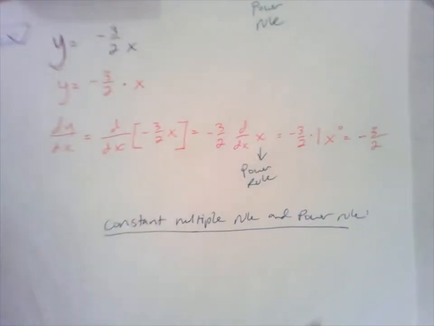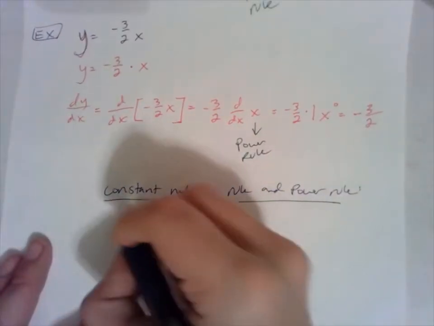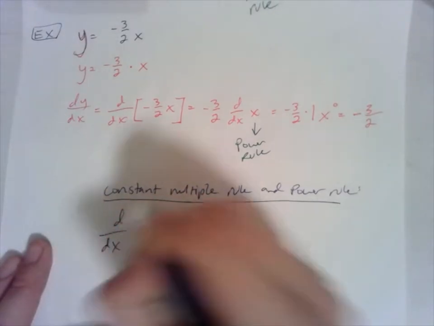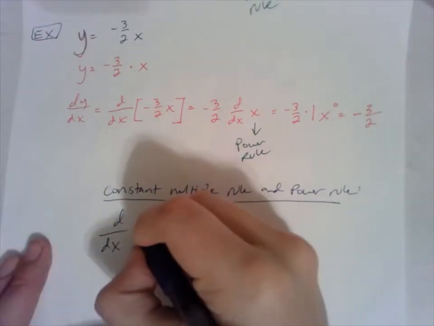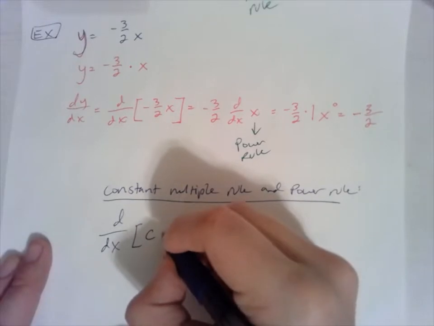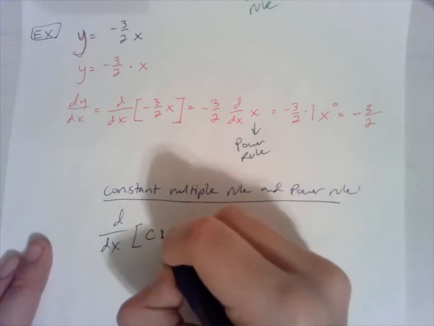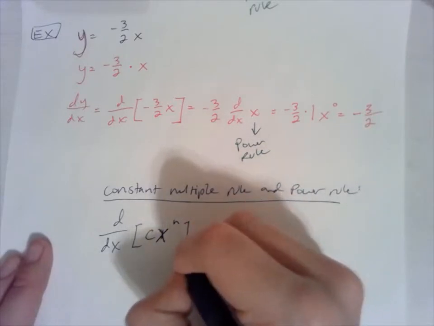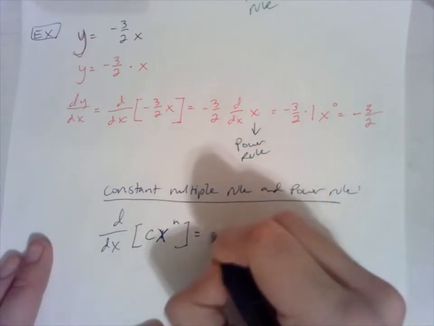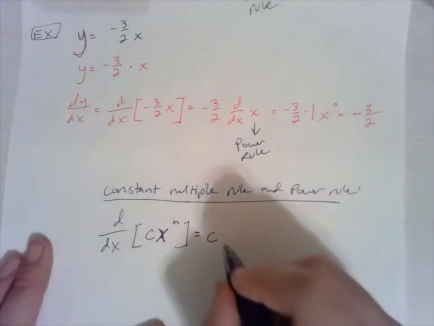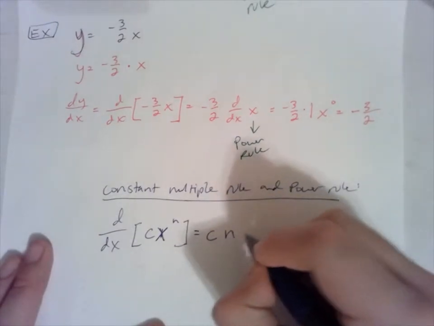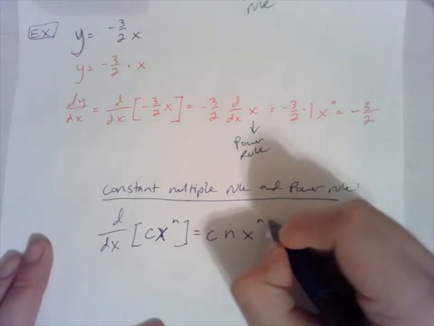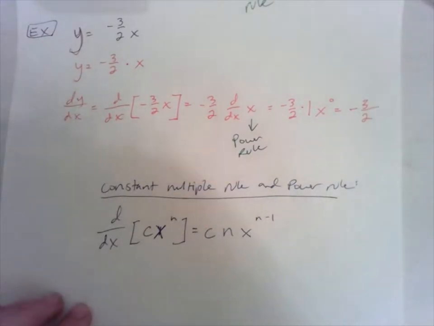We can combine those into one rule, which says that the derivative d dx of a constant times x to the n is the constant times the power rule, or the constant times n x to the n minus 1.